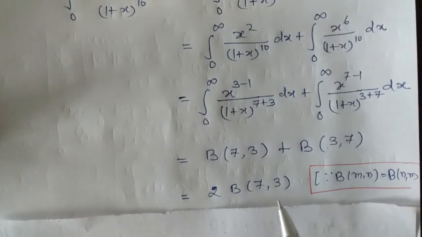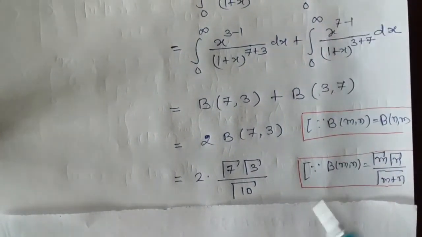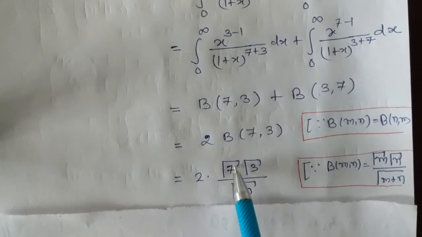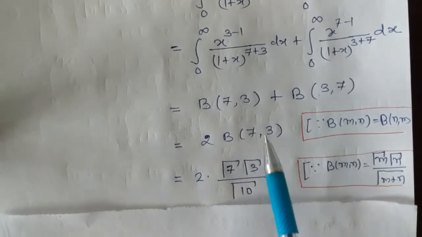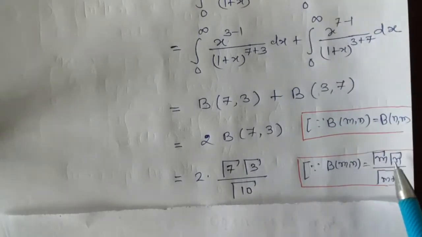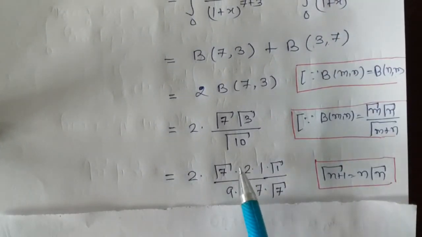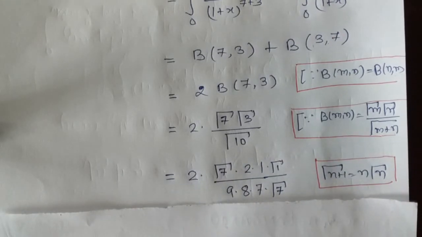Now by the relation between the beta and gamma functions, we know that beta(m, n) equals gamma m into gamma n upon gamma(m plus n). So we have 2 times gamma 7 into gamma 3 upon gamma(3 plus 7), which is gamma 10. Now we expand these gamma functions using gamma(n plus 1) equal to n gamma n. So 2 into gamma 7 we write as it is.